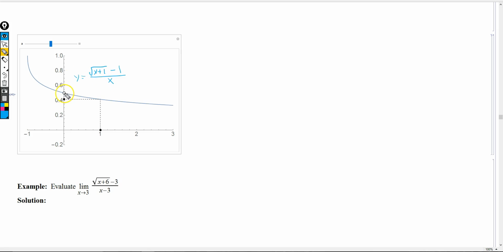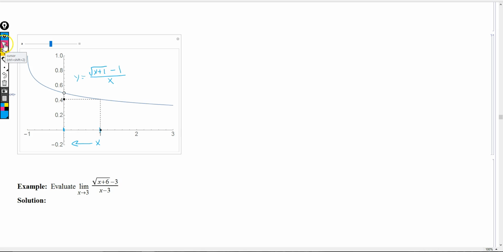Notice you have a little hole right here where x is 0, because this is undefined when x is equal to 0. Right here is x. The black dot right here is f of x, and notice as x approaches 0, that black dot, the f of x, is going to approach 1/2. That's 0.5 right there on the y-axis.